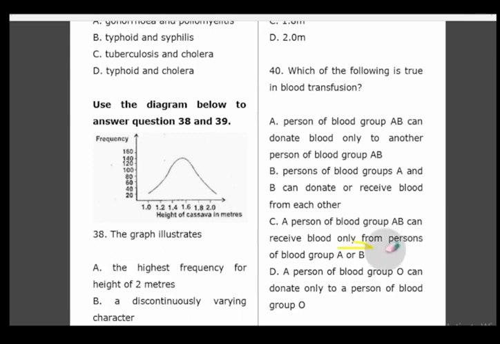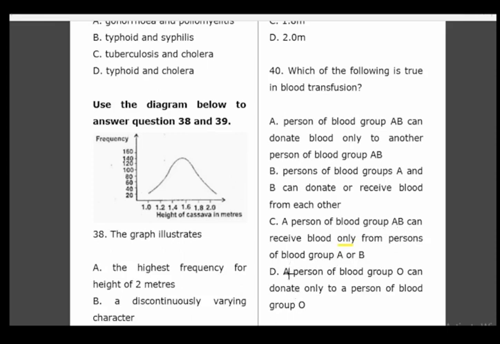It's true that AB blood group can actually get their blood from somebody that has the blood group A or blood group B, but it is not only from them that they can get their blood. AB can also get their blood from AB also. So the word only here nullifies this option C. It is not only from blood group A or blood group B that AB can get their blood.